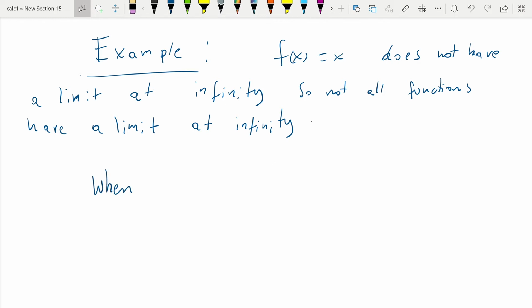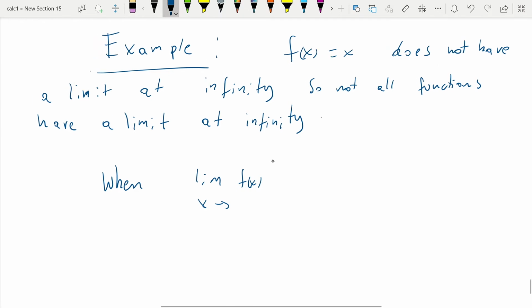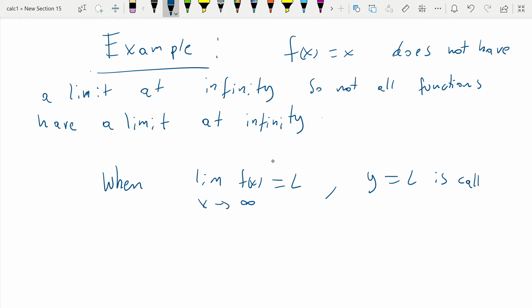When a function does have a limit at infinity, y equals L, so the constant function y equals L, is called a horizontal asymptote.